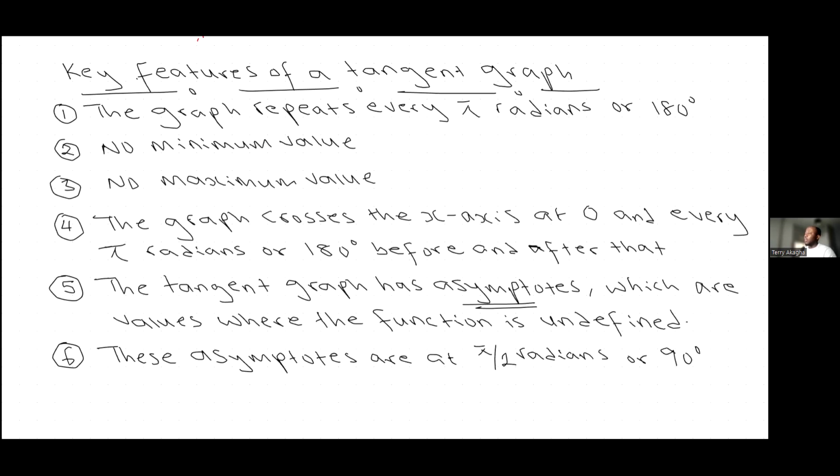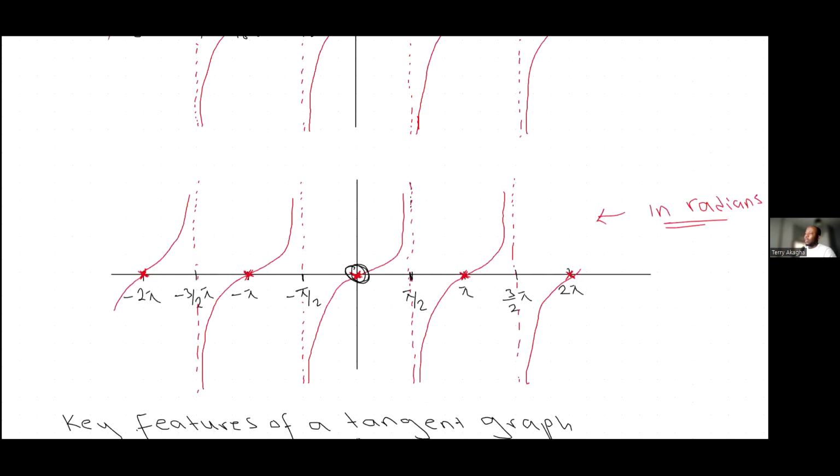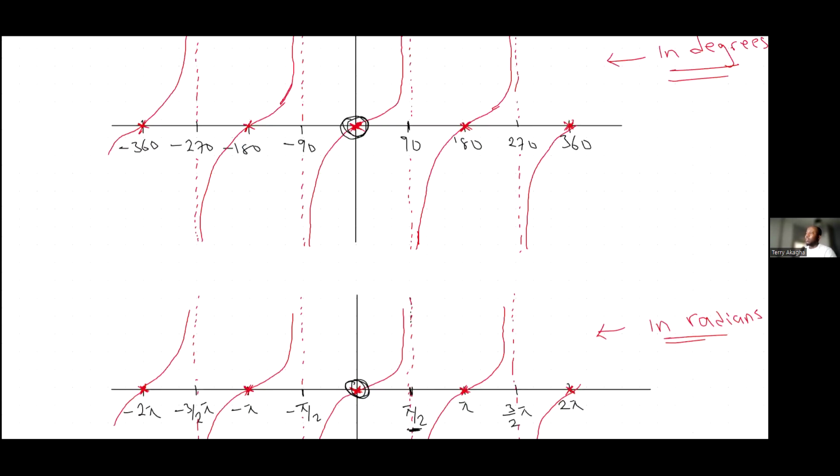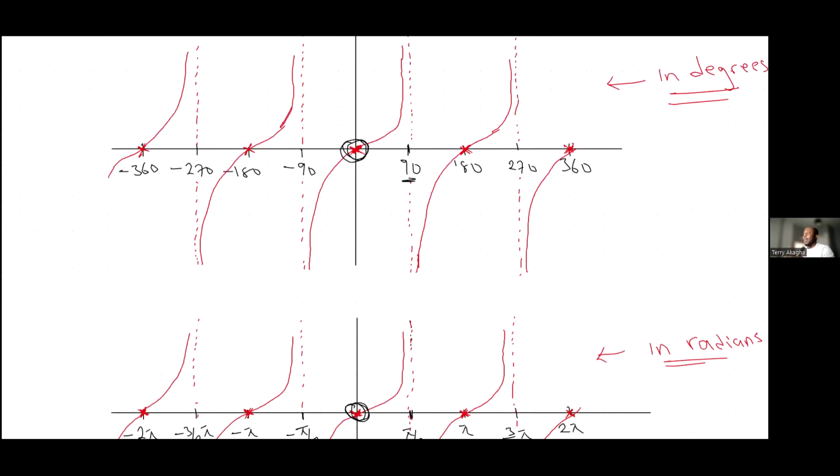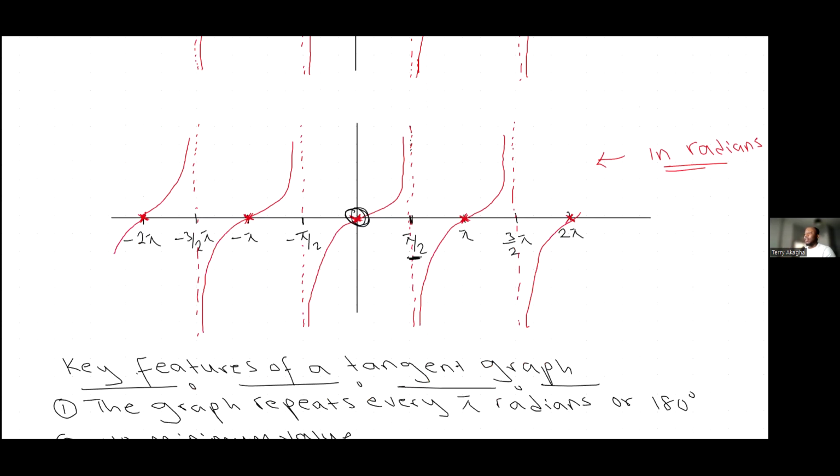So you can have it at pi over 2. So you can see the asymptotes here. So we have it here at pi over 2. Or you can have it here at 90 degrees. Then every 180 degrees after or before that. Or if you have it in radians, it will be every pi radians before and after that.